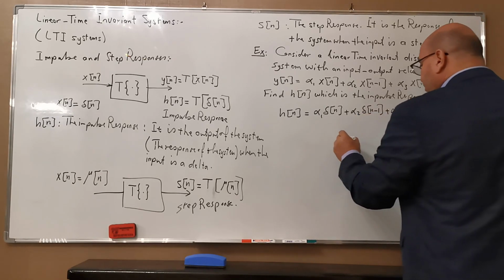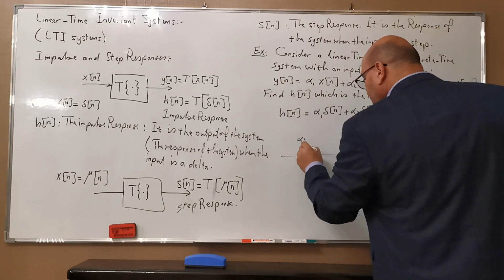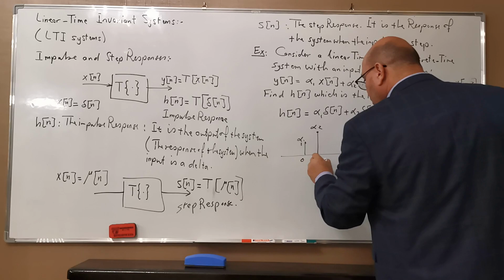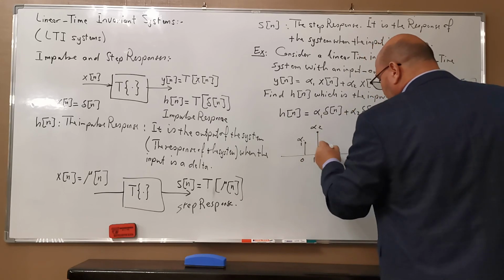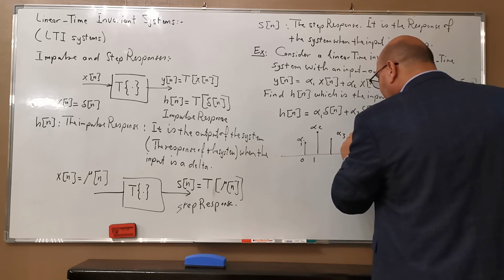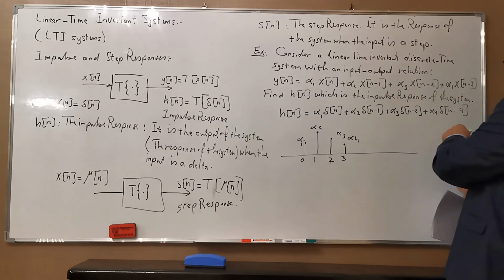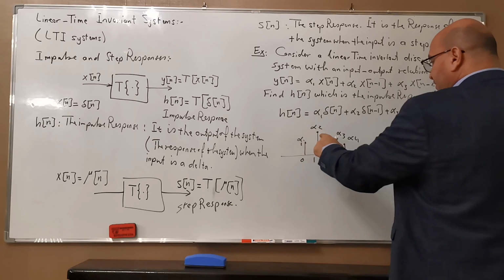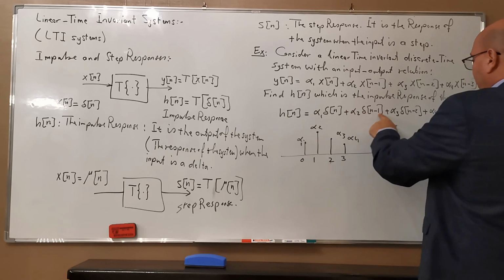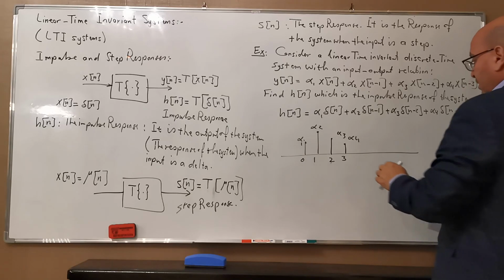Graphically, h of n starts from 0 with amplitude alpha 1, then alpha 2, alpha 3 and alpha 4 at 0, 1, 2 and 3. Sorry, this one is delta of n minus 3, I'm sorry about that.